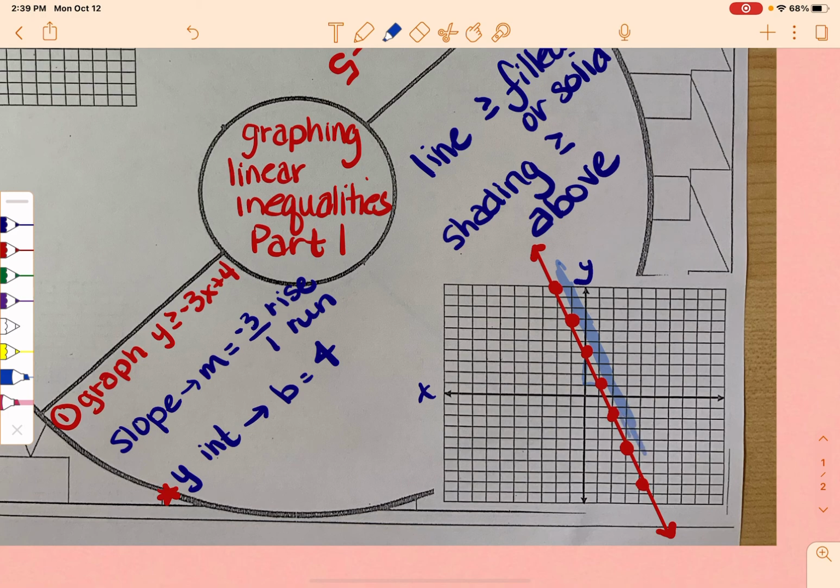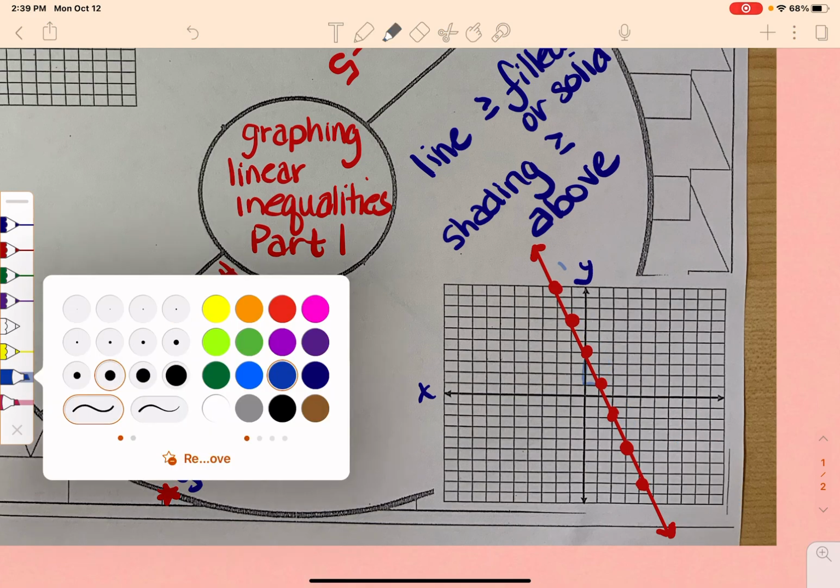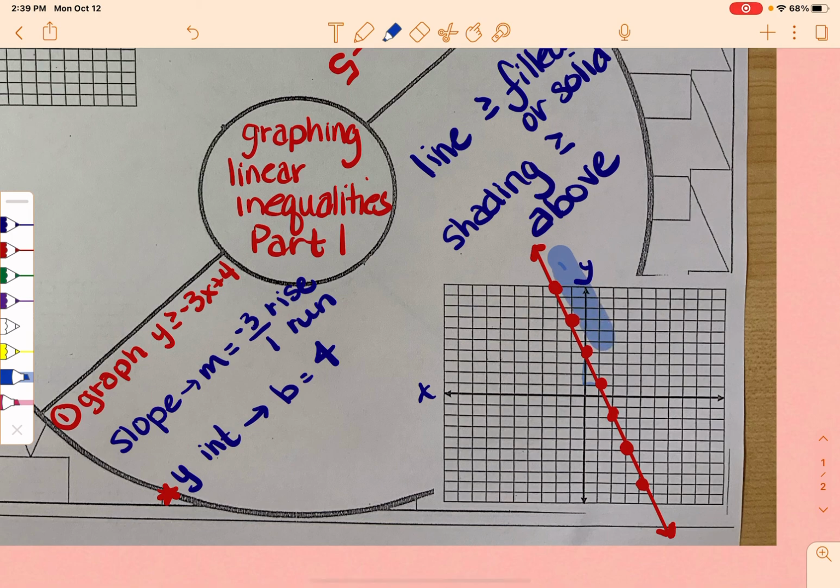I'm getting as close to the line as I can without touching. I want a thicker highlighter. I don't want to hit the line because in real life, if I were to actually shade on the line, it would smear whatever I had there, and I couldn't tell if it was dashed or filled in. So I want to make sure you're careful with that.